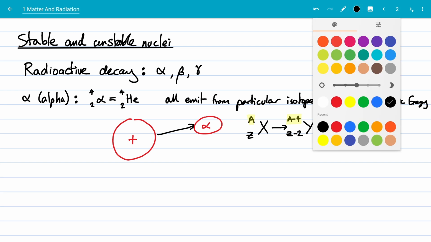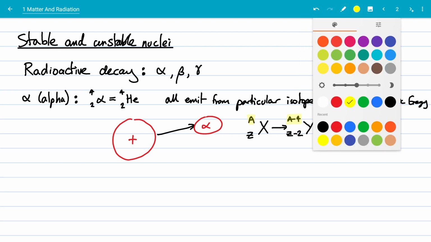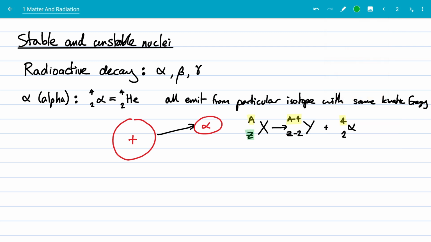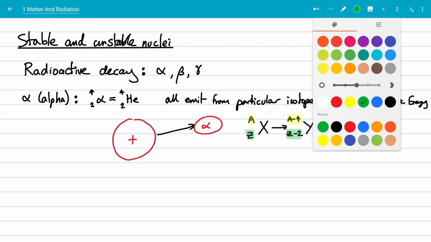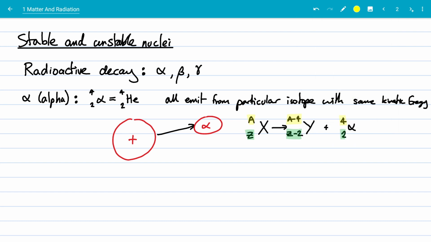Because if I have, choose my highlighter pen, perhaps a different color, let's go with the green, Z is equal to Z minus 2 plus 2. It follows. It works. It really does. So let's go into here and write down A. Oh, we can't even see that yellow.